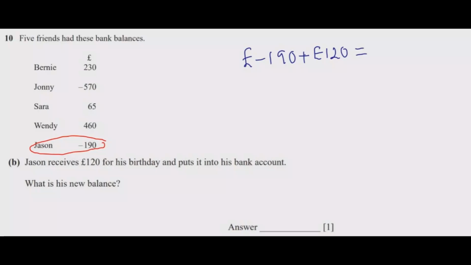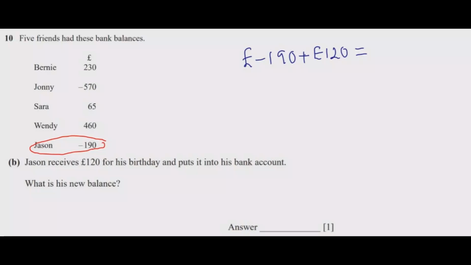What we need to do first is compare these two numbers, ignoring the signs first. Which number is bigger between 190 and 120? We're able to tell that 190 is bigger than 120. What sign does 190 have? It has a negative sign.